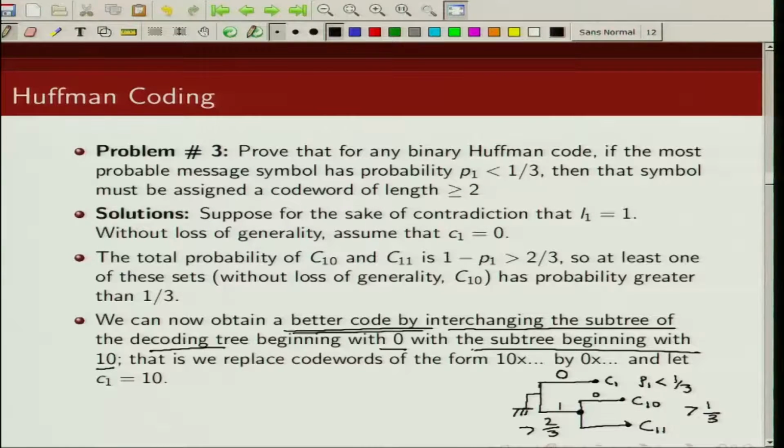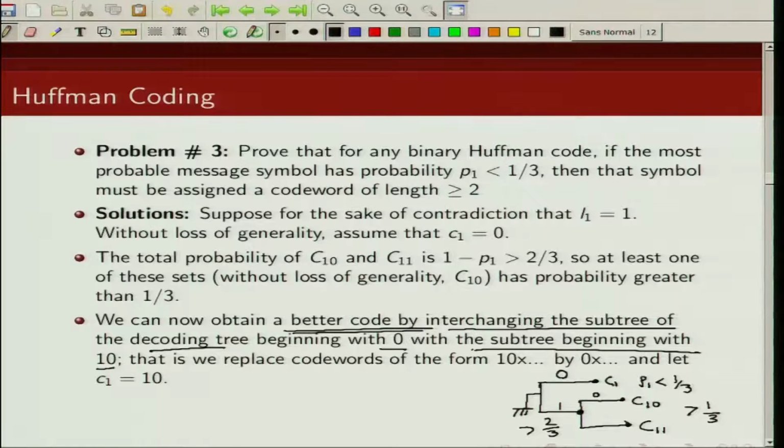Now if that is the situation, then we can reduce the expected code word length by interchanging C1 with C10 or C11, whichever has probability greater than 1/3, right?